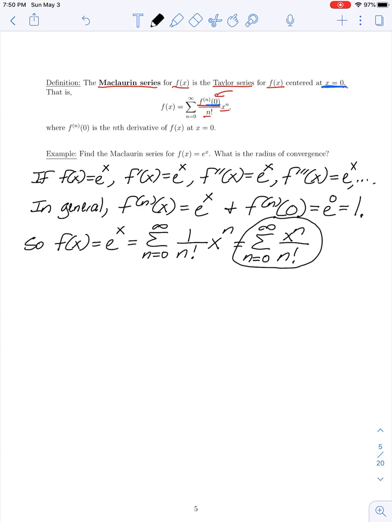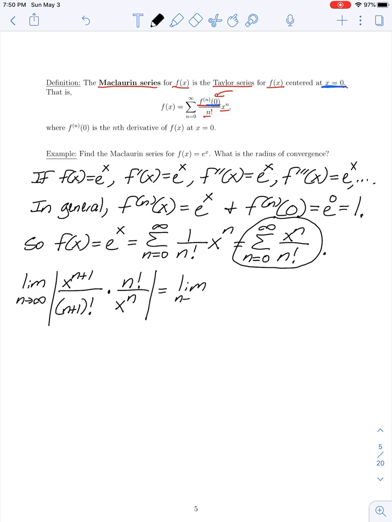So this is the Maclaurin series for e to the x, and let's see where that is a valid representation of the function e to the x. To find the radius of convergence, we would look at the limit as n approaches infinity of the absolute value of x to the n plus 1 over n plus 1 factorial, divided by our nth term, or equivalently multiplying by its reciprocal, n factorial over x to the nth.